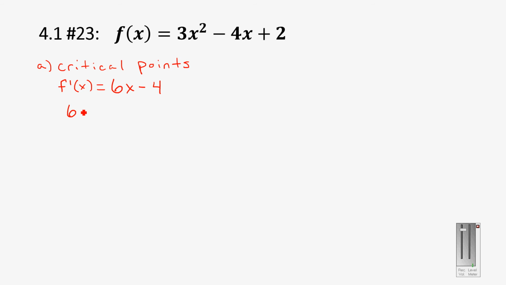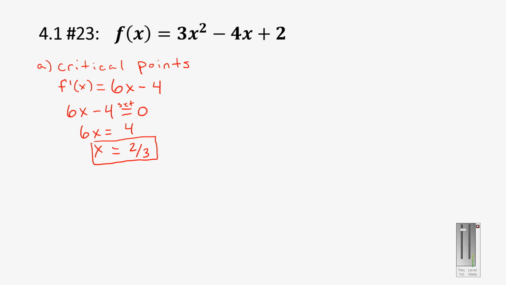So I'll take 6x minus 4, and set it equal to 0. That means 6x equals 4, and x equals 2/3. So x equals 2/3 is going to represent one of my critical points.